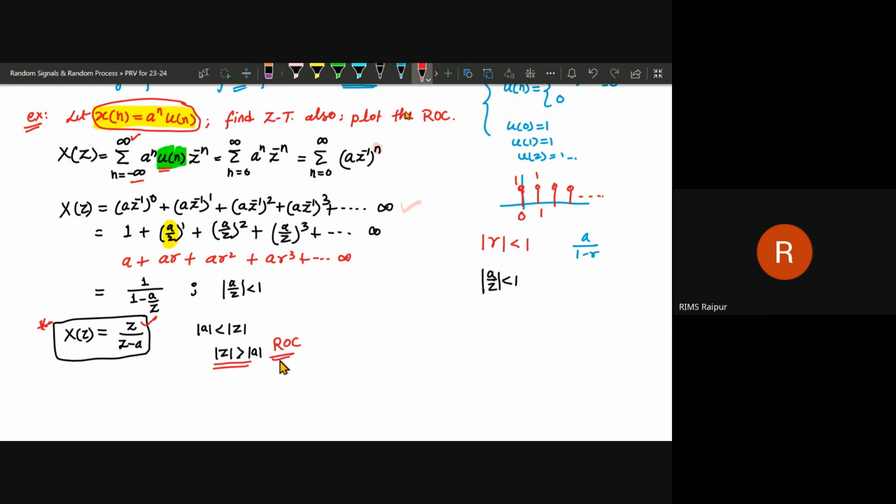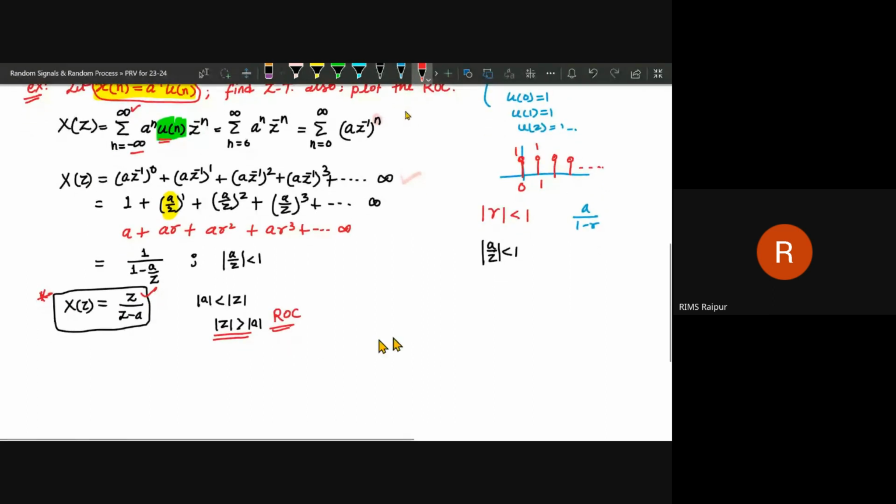Okay. Now, how can we plot this ROC? So just understand this. Let us consider a z plane. So this is a z plane. This is the imaginary part of z, and this is the real part of z. Okay. So the plot of mod z will always be a circle. So first we will plot a circle for mod z, and here mod z should be greater than mod a.